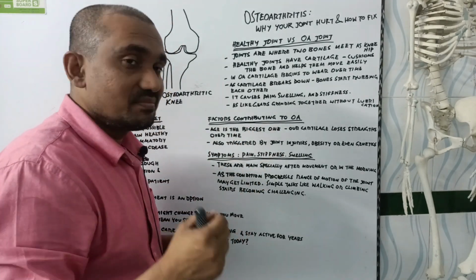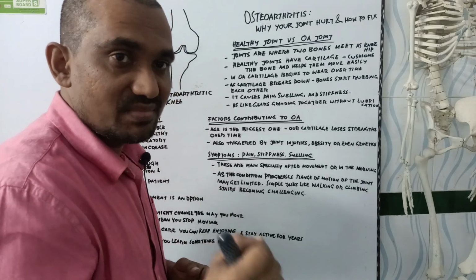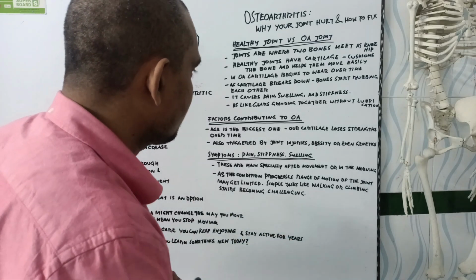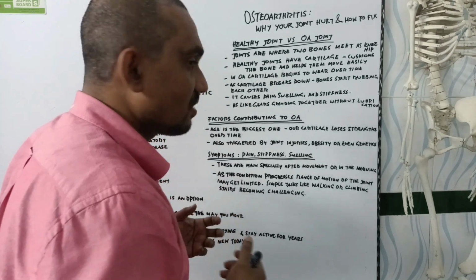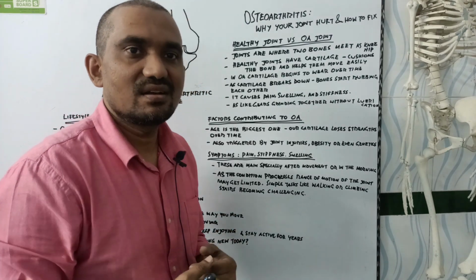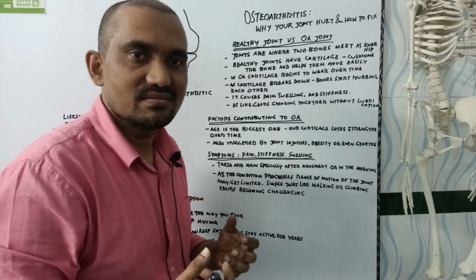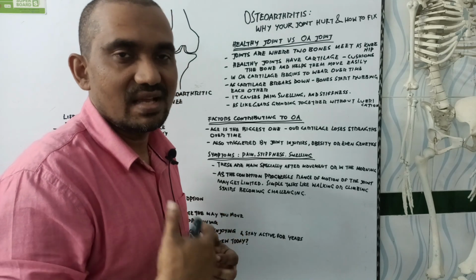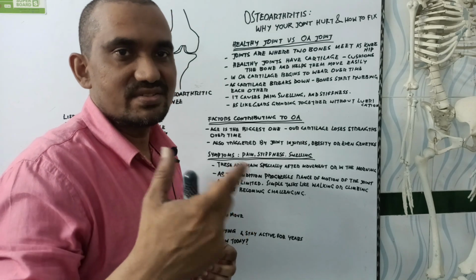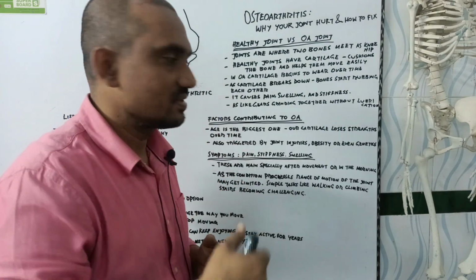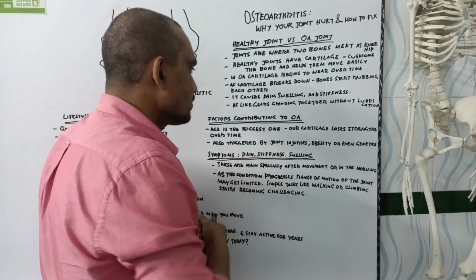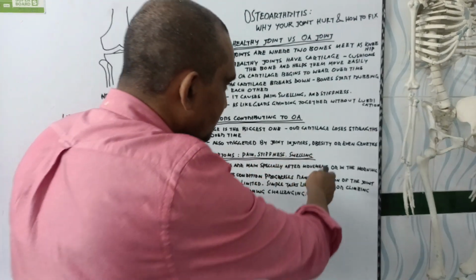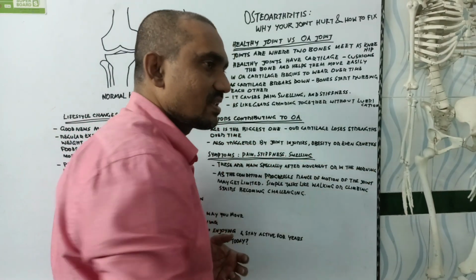Now let's come to the factors contributing to osteoarthritis. Age is the biggest one. Our cartilage loses strength over time. Naturally, our cartilage loses strength as we become older, and it is also triggered by joint injuries, obesity, and even genetics.